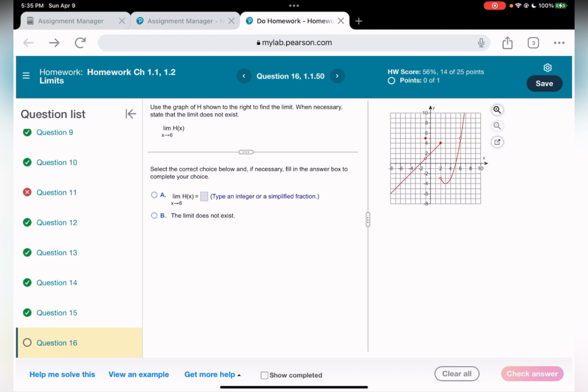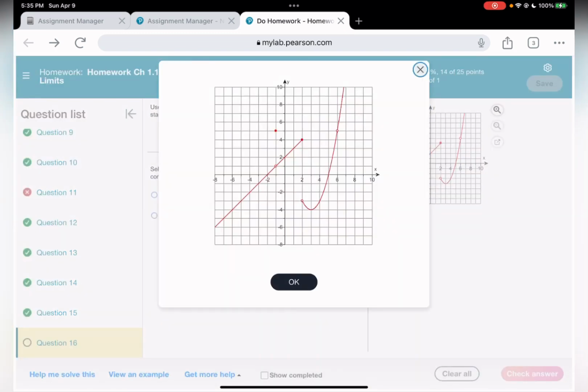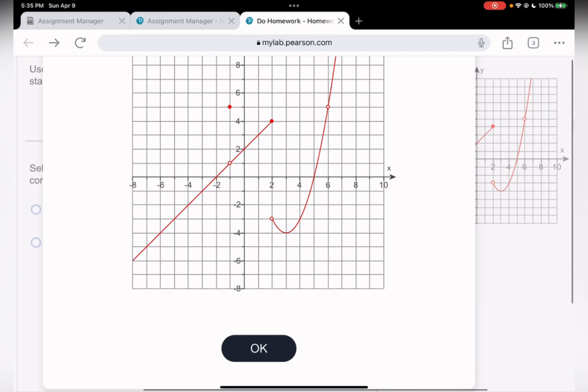Now the next one, limit of h of x when x approaches 6. We need the full limit, both sides have to be equal to each other. When x is equal to 6, it's sitting on the same graph, and there is just a hole at the point of 6, and from the left side and the right side, it's going to be the same value, 5.